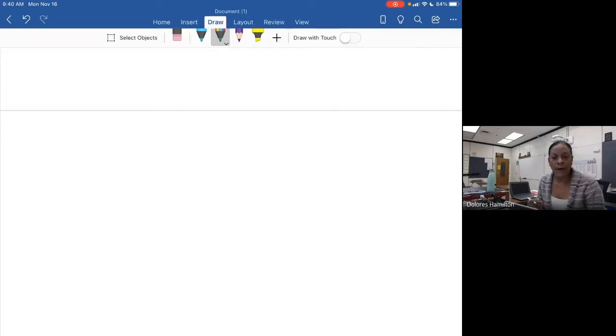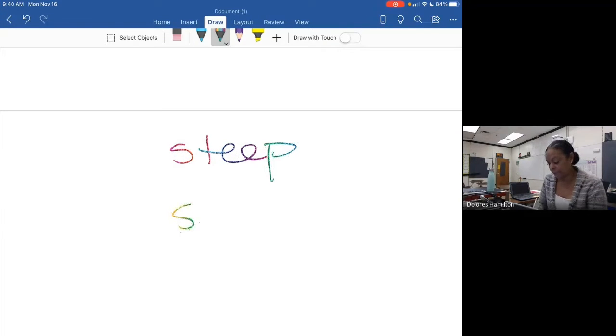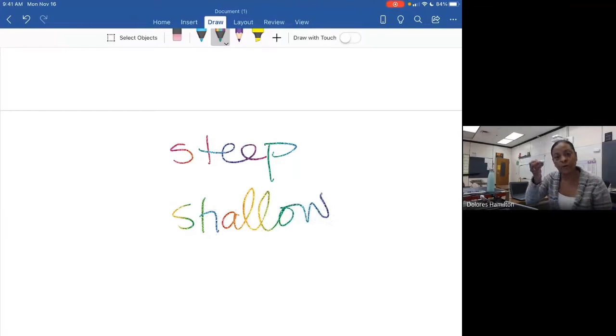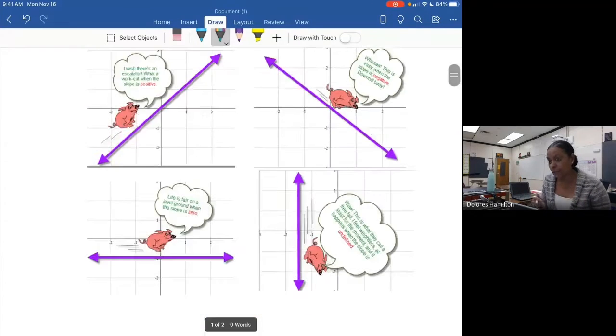When we're working with lines and we're asked what slope is, slope measures the steepness of a line. And lines can either be super steep or super shallow in the positive or negative direction. So let's look at what that looks like.